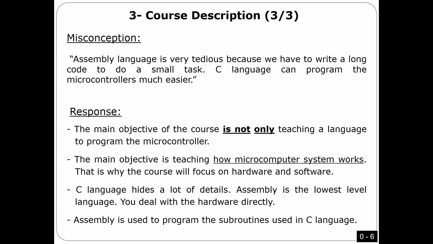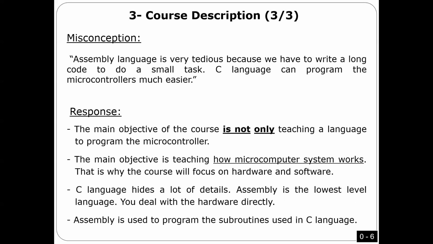I'm going to give you details later. Someone can ask, so is C better than assembly? The answer is not always yes. As I'm going to explain later, in assembly you write a lot of code, but usually the program is faster.